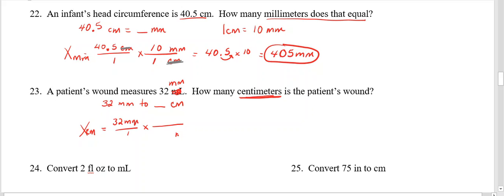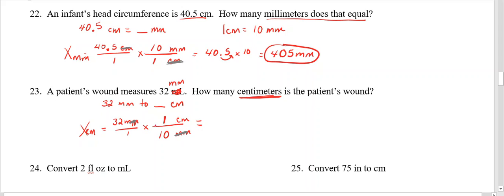Millimeters on top, so millimeters goes to the bottom. Centimeters go to the top. Doesn't matter how you've got your conversion written out. It matters what you start with, because whatever unit you start with automatically goes to the bottom. So 1 centimeter is 10 millimeters. And then I want to cancel my millimeters.